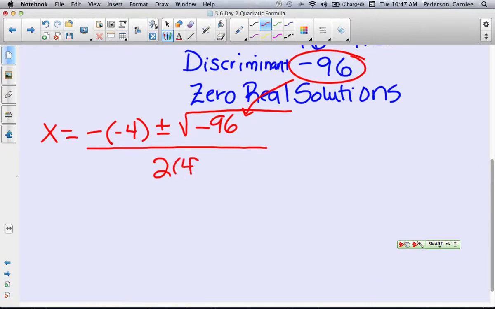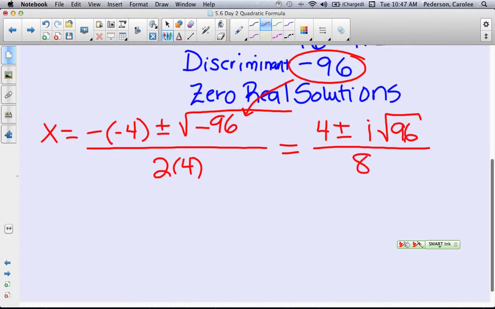Now let's reduce. So negative negative turns it to a positive 4. And then 96, remember, when you have a negative, you have to replace it with an i because it's imaginary. You can't leave a negative underneath the radical. And then all over 8.